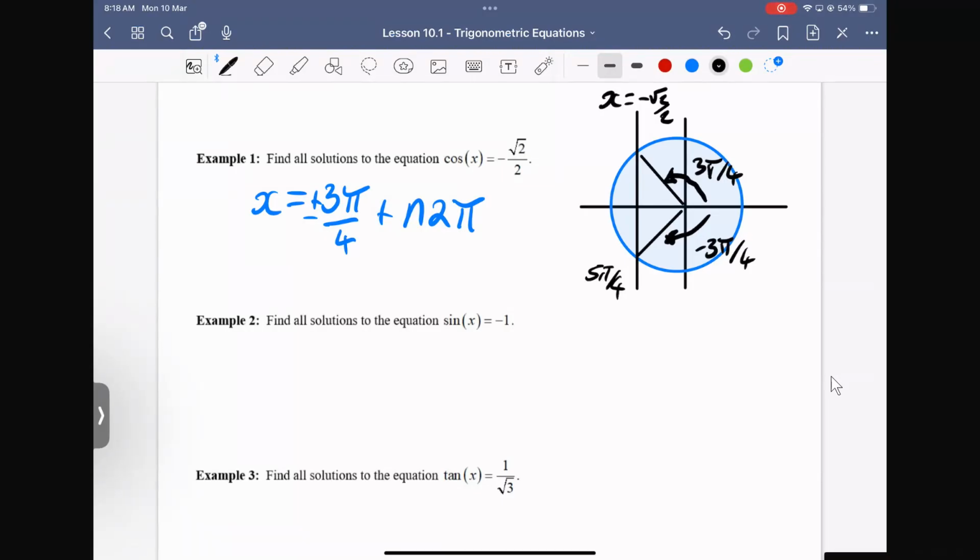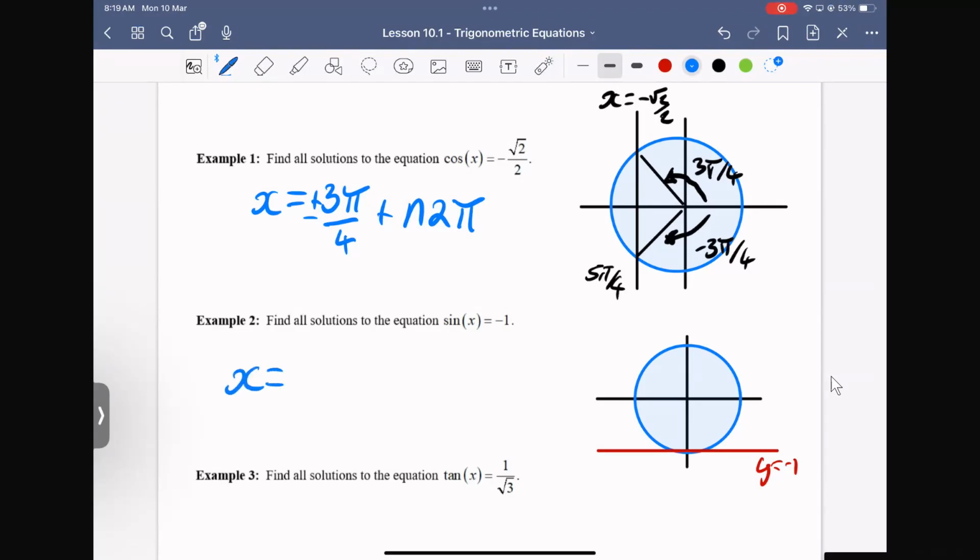All right then, let's try the second one. For number 2, we've got our unit circle looking like this. This time we need the y value to be minus 1, so I'll draw it here. This is the line y is equal to minus 1. So what is the solution to this one? x is equal to 3 pi over 2.